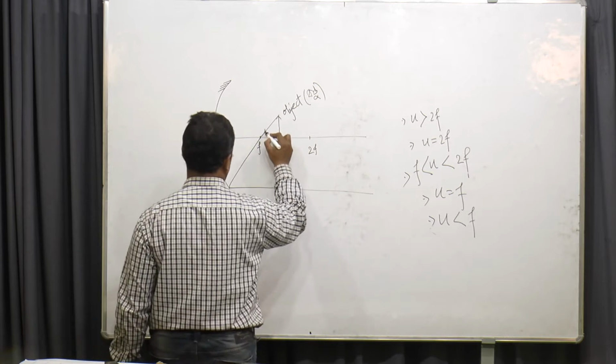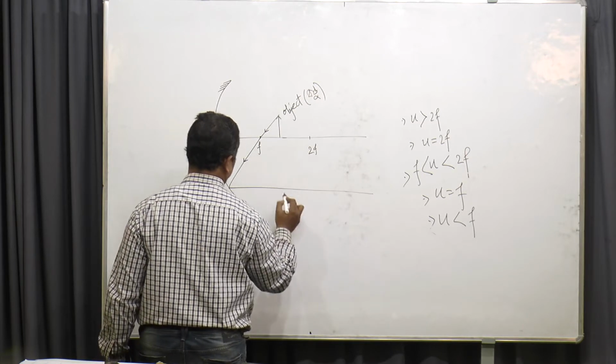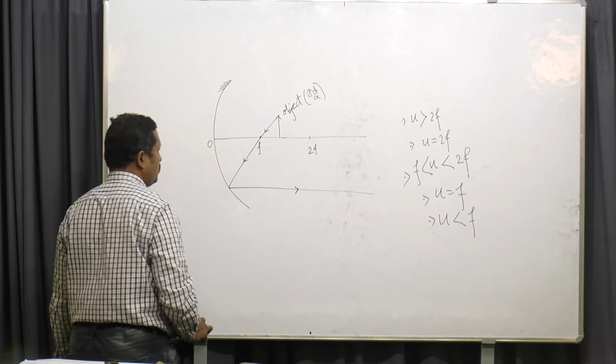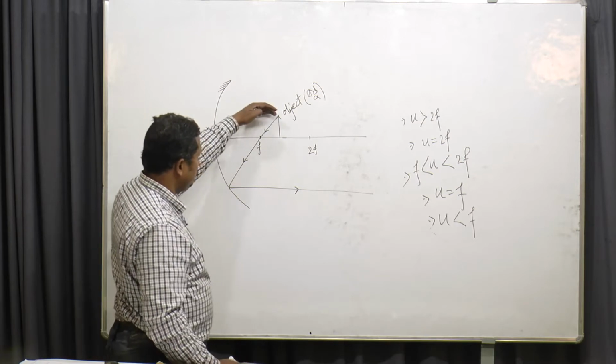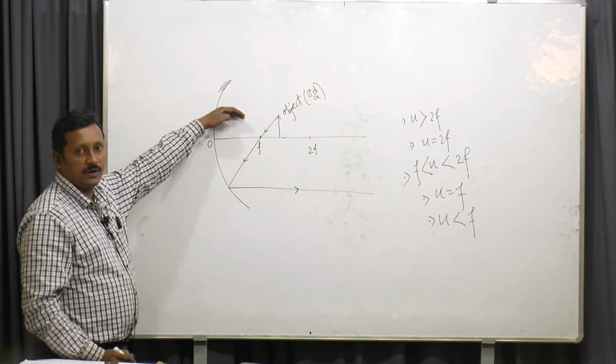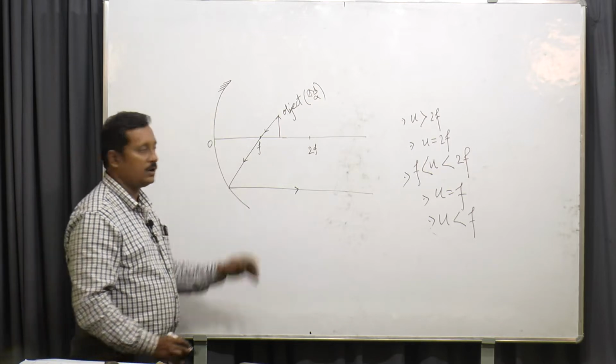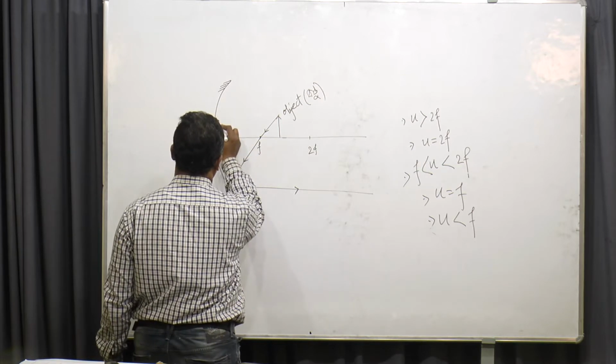So the first rule I have applied. The second rule is the rays parallel to the axis after reflection pass through the focus. So let me draw a parallel line.